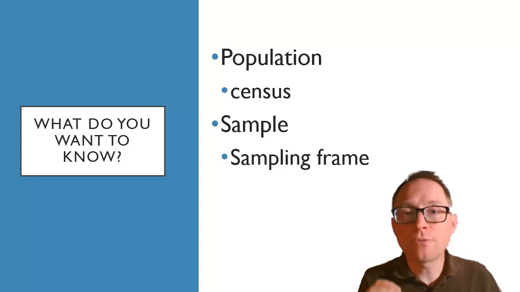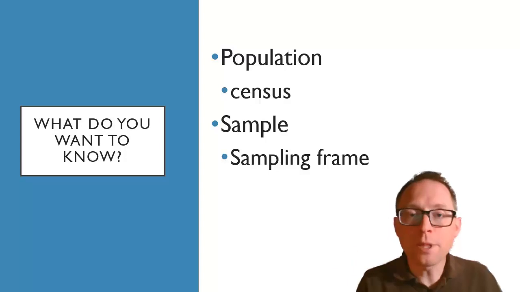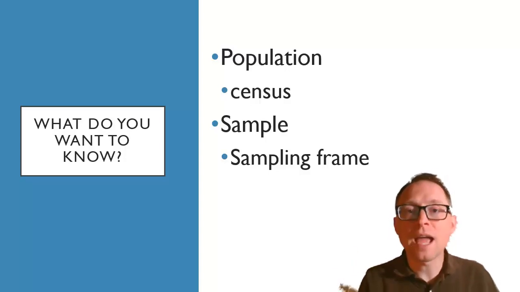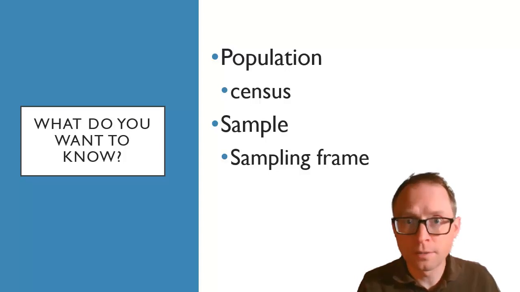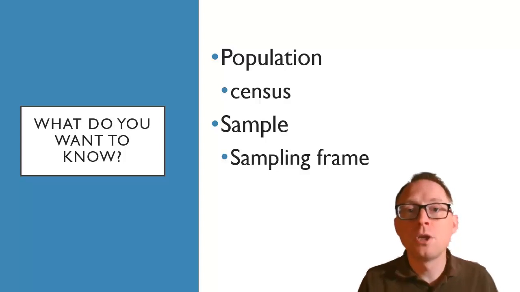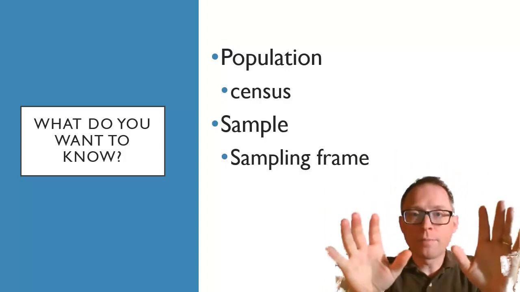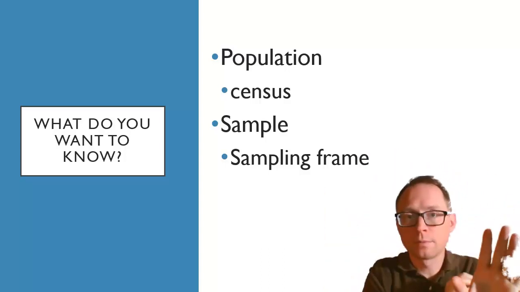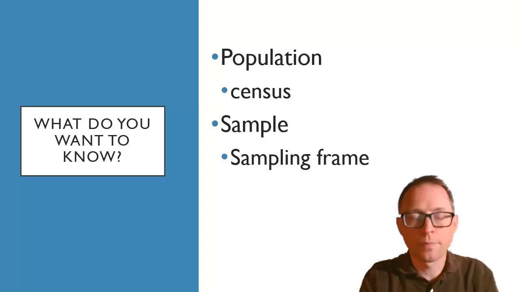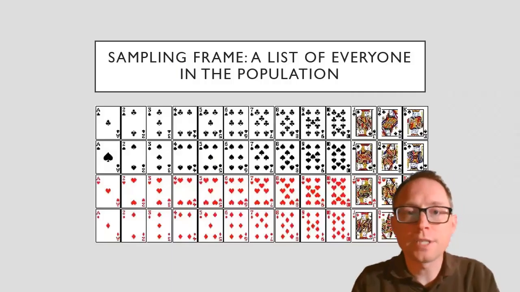A sampling frame is a list of everyone in the population. Let me say that again. A sampling frame is a list of everyone in the population. I didn't say everyone in the sample, I said everyone in the population. It's called a sampling frame because you take everyone in the population, and from that sampling frame, you can take your sample.